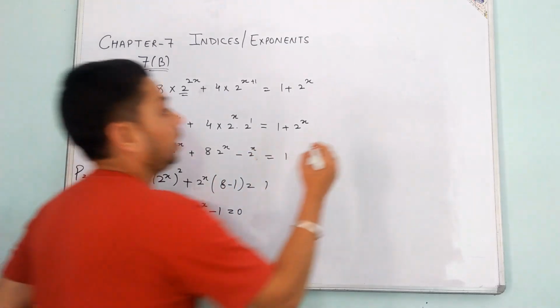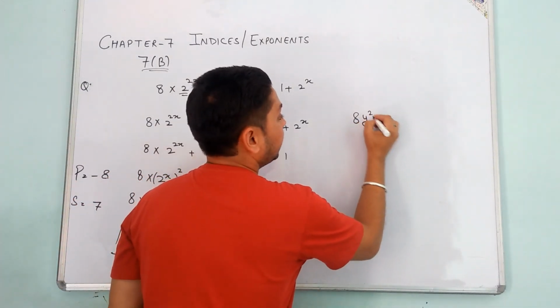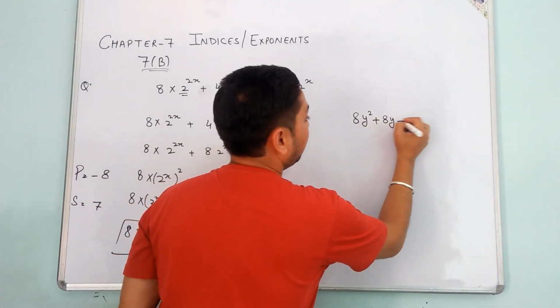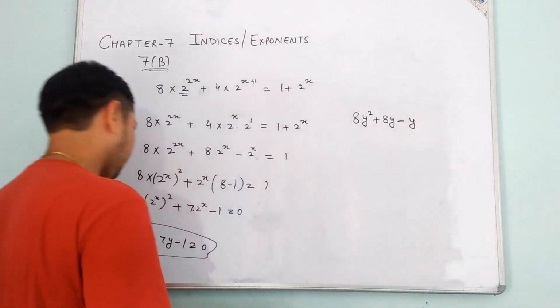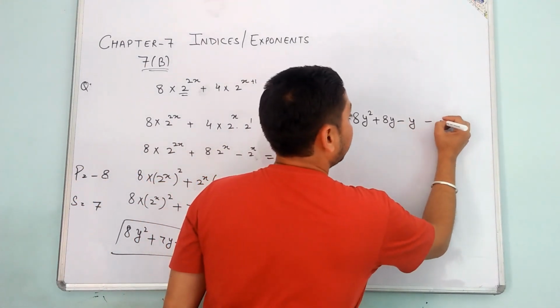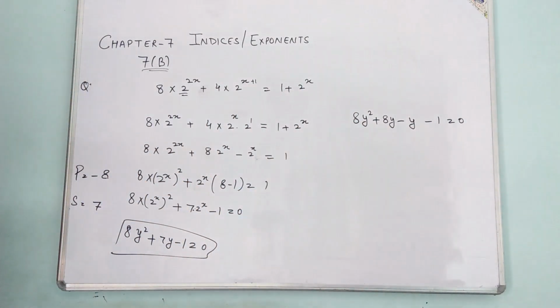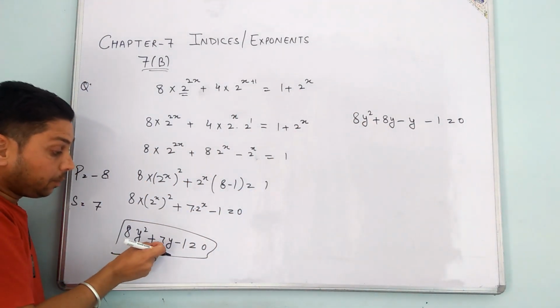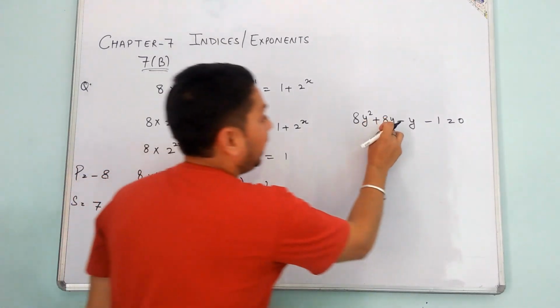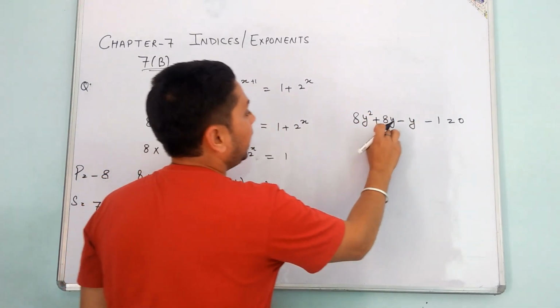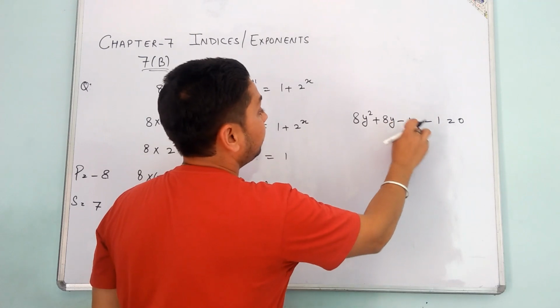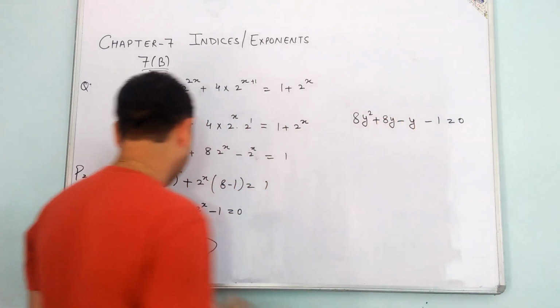Now 8y square plus 8y minus y minus 1 is equal to 0. If you look at this, 7y is split into 8y minus y. 8y minus y is equal to 7y.